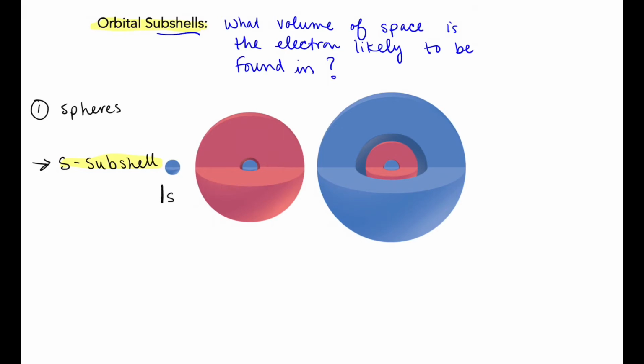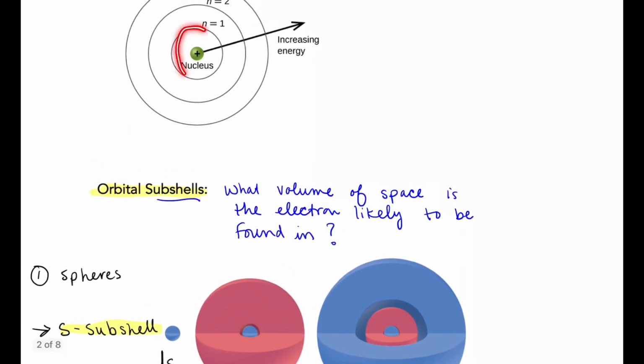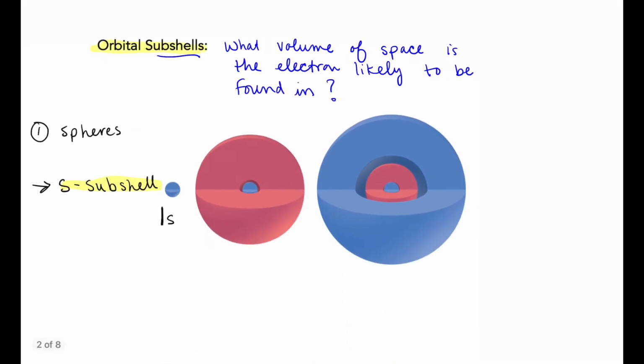This would be like a 1s, right? Energy level 1 or shell 1. Like if I go up here, it'd be like this guy. This is number 1, close to the nucleus. But the volume is a sphere, meaning S subshell. The S subshell is going to be a sphere.